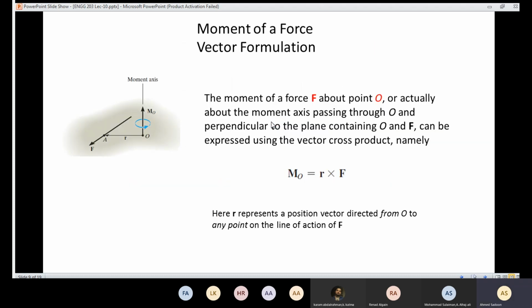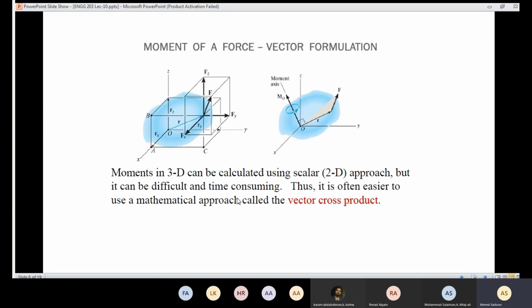So how did they know that using the vector cross product to express the moment vector was going to be successful? They made a comparison between the scalar notation, which means that here they decompose the forces in all directions and multiply them by the perpendicular distances, and the vector formulation.